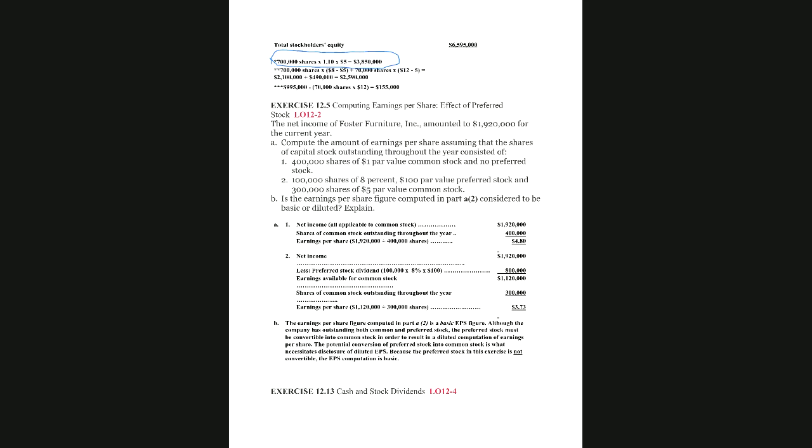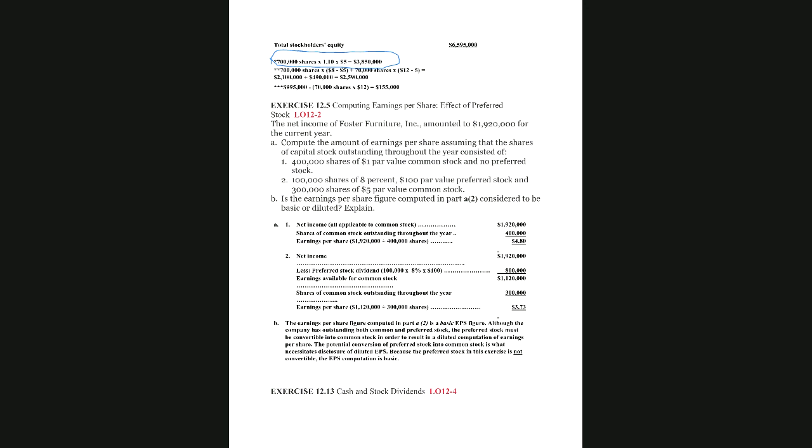So we're going to multiply those 700,000 shares by 1.10, because we still have those 700,000 shares outstanding at year end, but now we have an additional 10%, or 70,000 shares. So now we have 770,000 common shares outstanding.